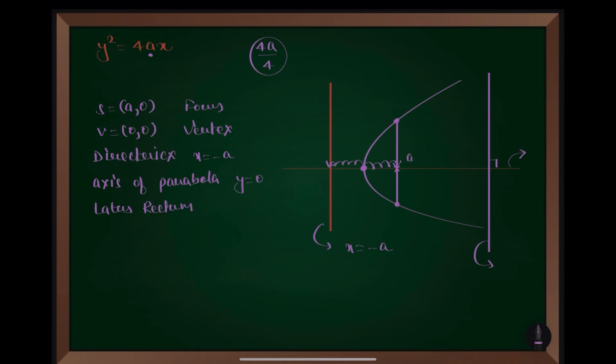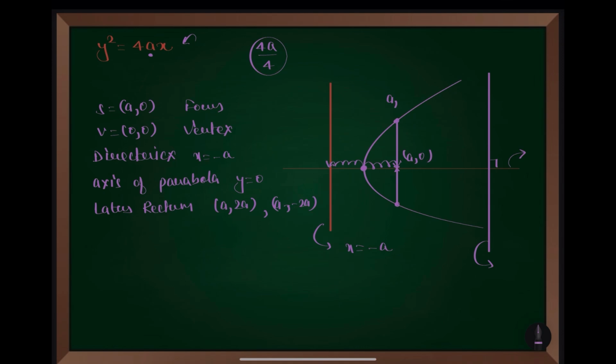You know it is a comma 0. So here also it will be a, and you will substitute value of x as a to get these things done. So a comma 2a, a comma minus 2a. So these are the endpoints of latus rectum.